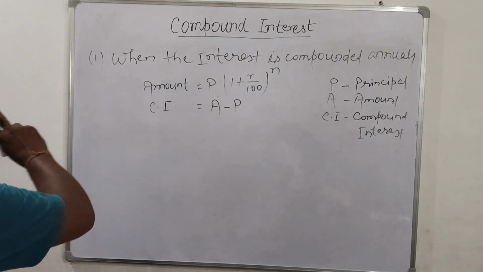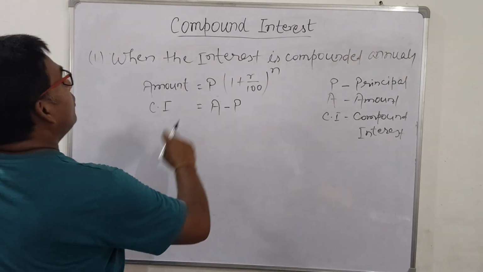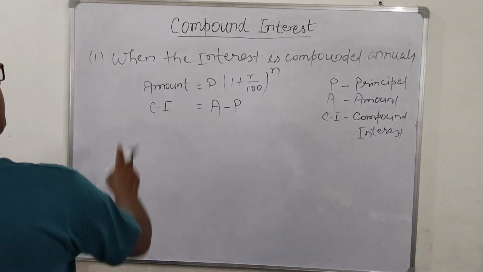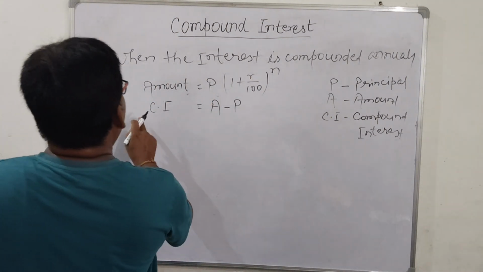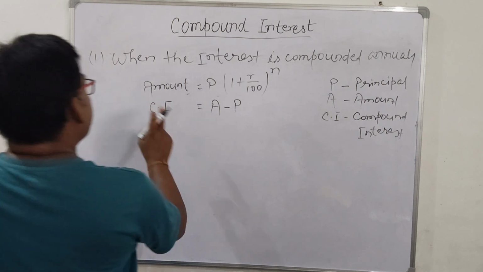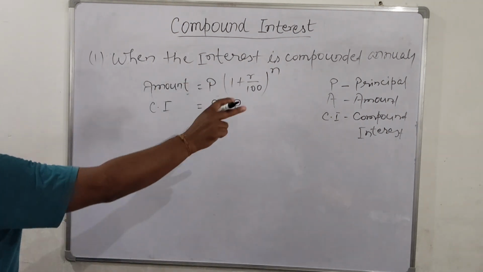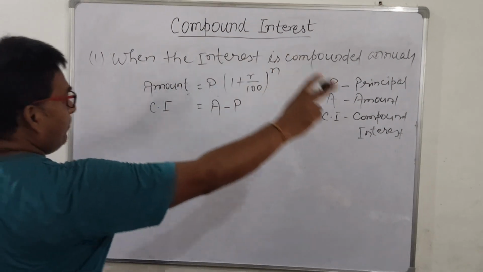So when the interest is compounded annually, amount is equal to P into 1 plus R by 100 to the power n, and after that we find CI, that is CI is equal to amount minus principal. This is the first criteria, when the interest is compounded annually.